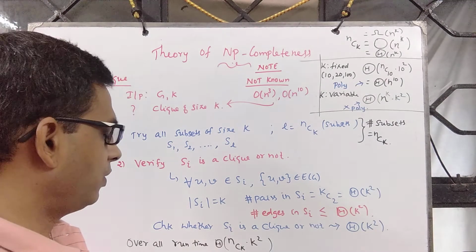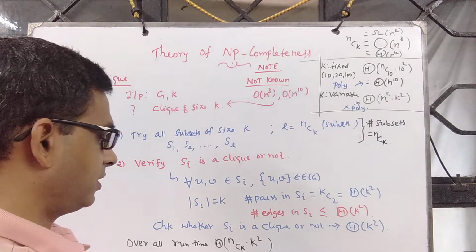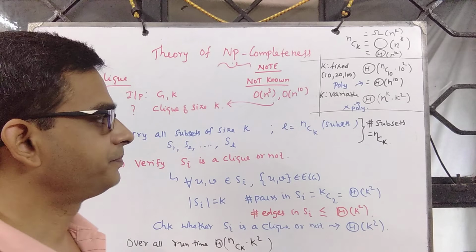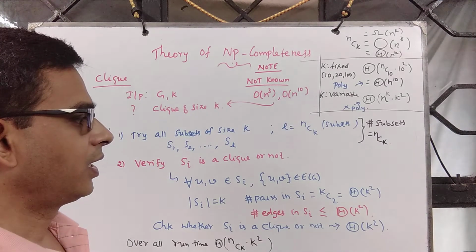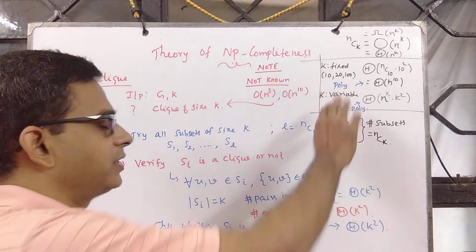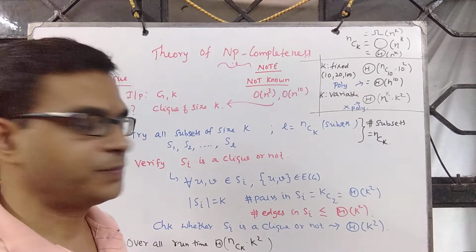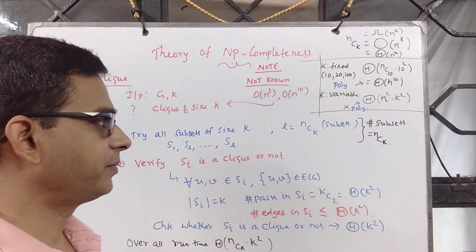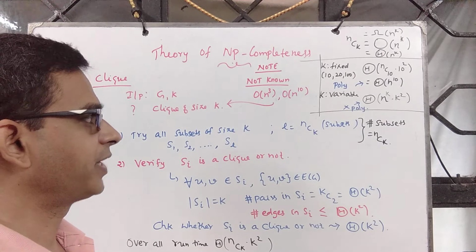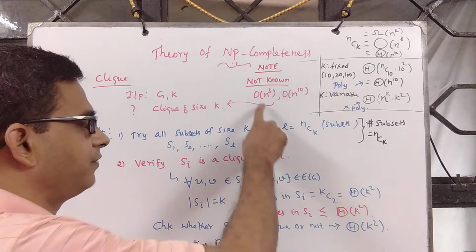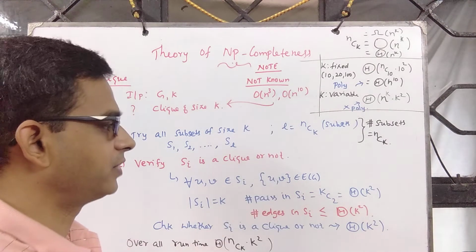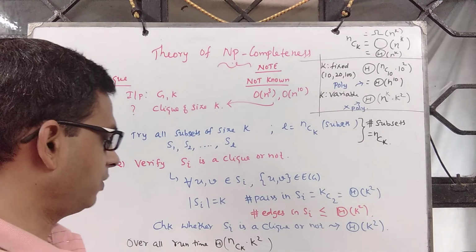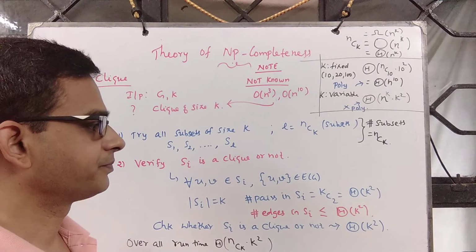So what is known, or the current best, is only this. If k is fixed, it is poly, otherwise it's not. Which means it's not a uniform polynomial time algorithm, or not a polynomial time algorithm for any value of k. So we still do not have an algorithm of this type. What is known is only this.